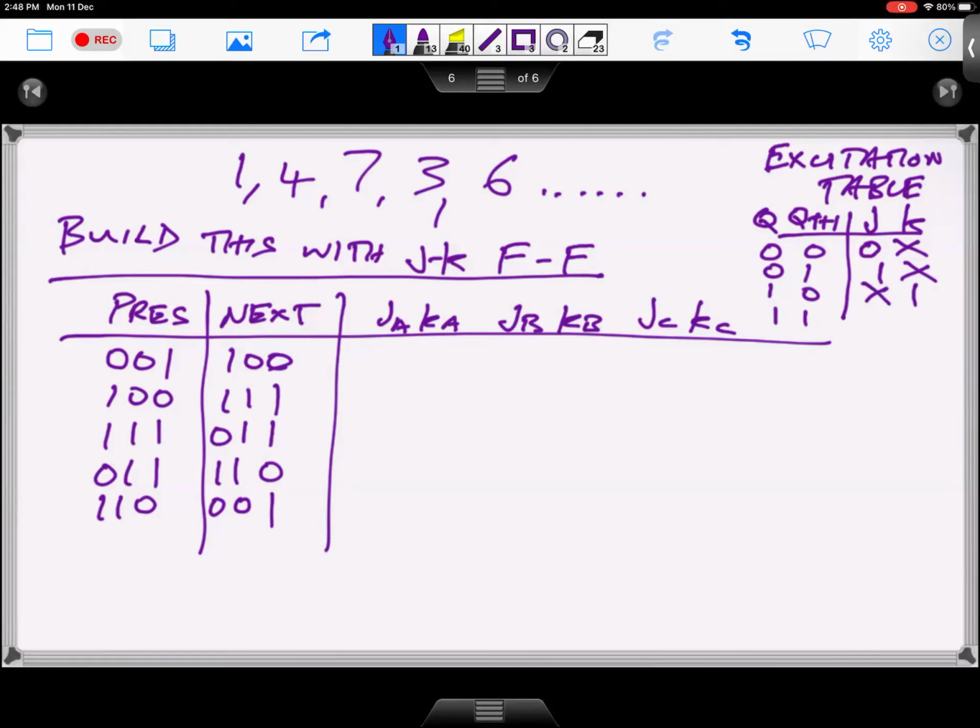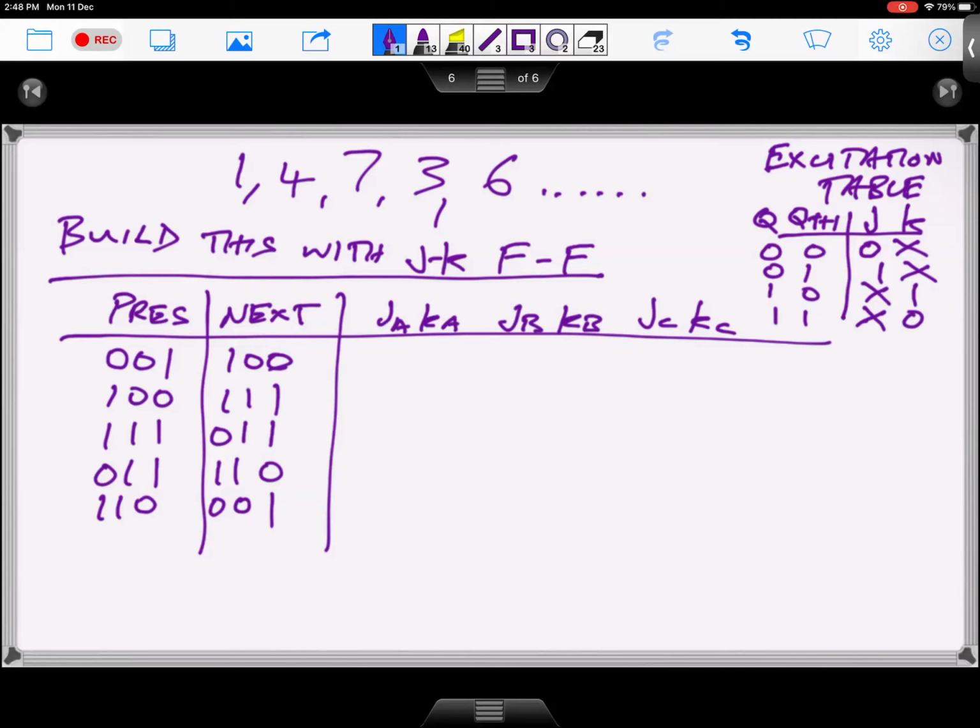And finally, we're going from 1 to a 1, which is either 0, 0 or 1, 0. So that will be X, 0. Which means we always have a 0 on the K, and it really doesn't care what we have on the J in order to bring about the desired behavior.